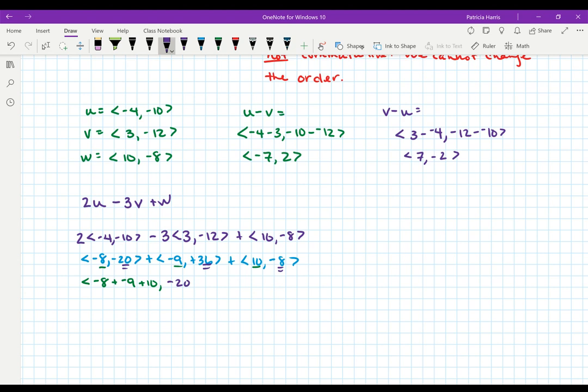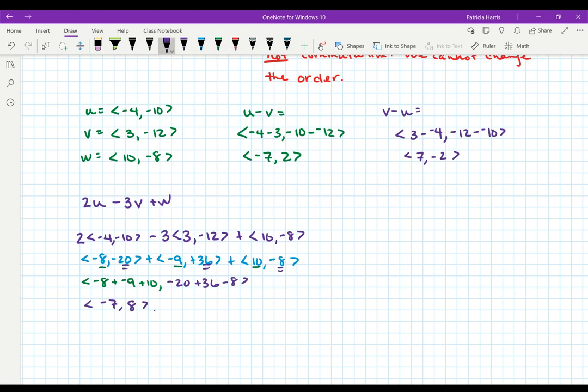So negative 20, positive 36, negative 8. So let's see, negative 17 plus 10, negative 7, negative 20 plus 36, that would be plus 16, minus 8 is 8. And there is my final answer.